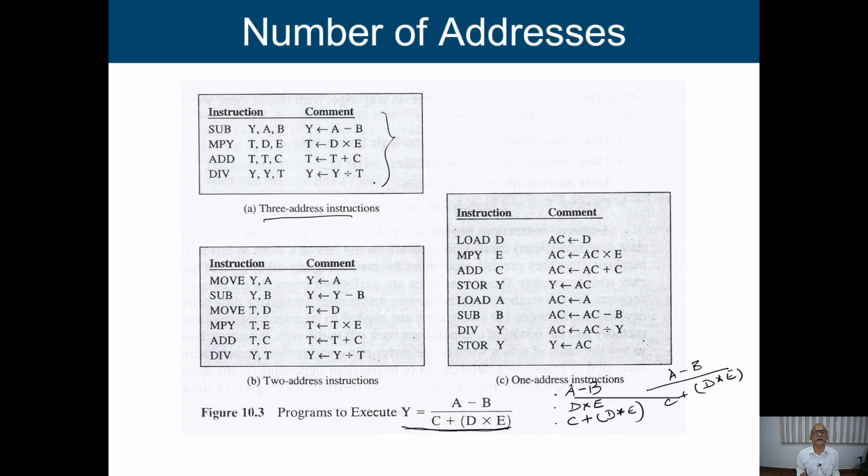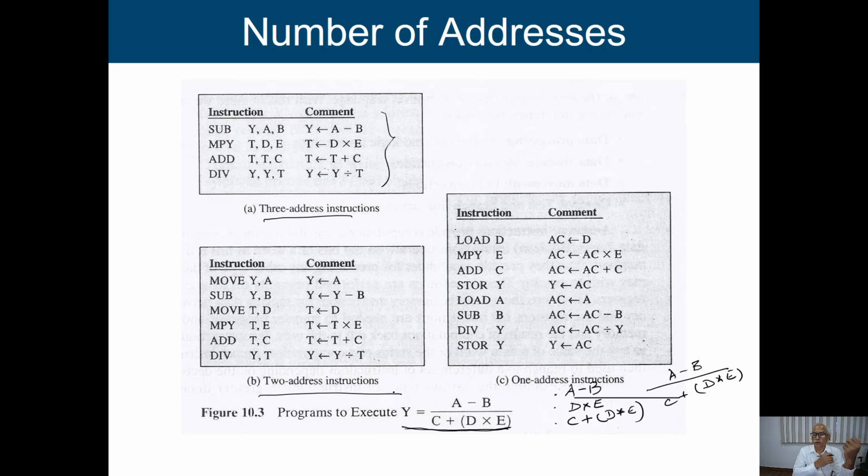In the 3 address format we have this, but when we come to the 2 address format, we said we have a restriction on the number of operands, so we may have to do some extra steps.